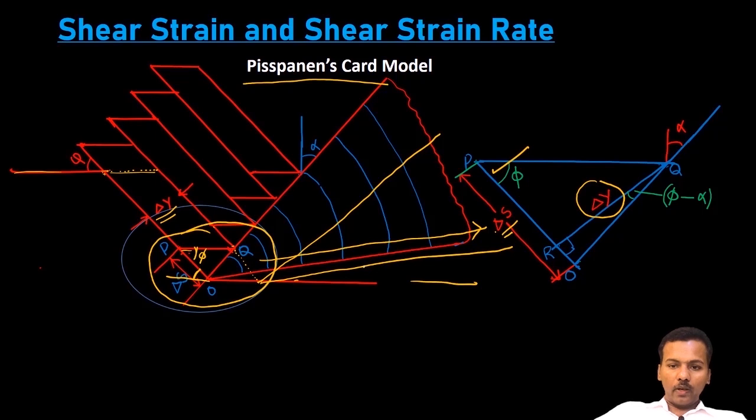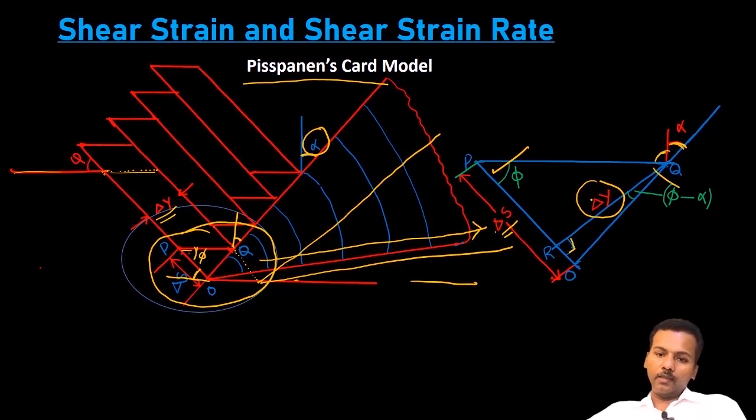Further, at this point, what angle is this? This angle is the rake angle. If you draw a parallel line to this line, this angle is alpha, the rake angle. Now this is normal, 90 degrees. Let us take the triangle RPQ.